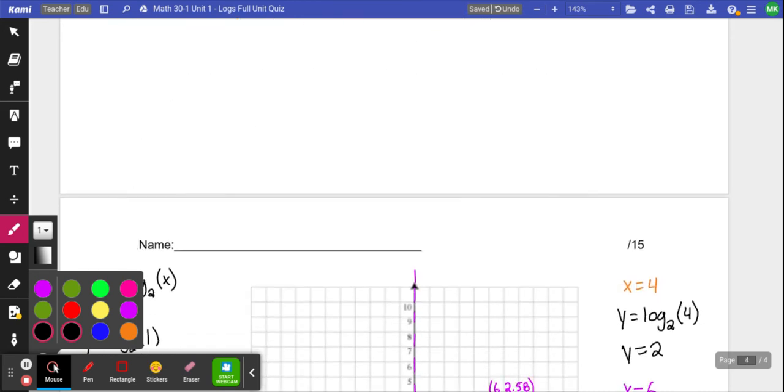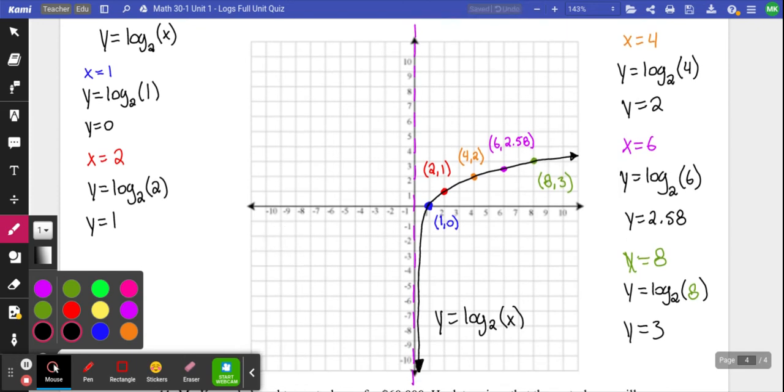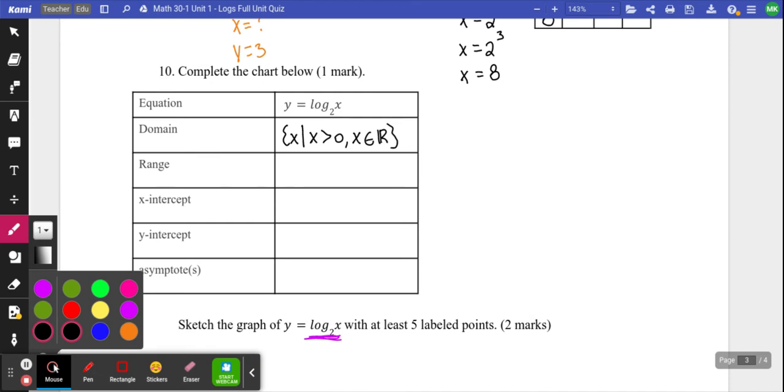If you look at our graph, that is exactly what's happening, right? It's to the right. I can't go further left than 0. So it's anything bigger than 0. It's to the right of 0. The range is how far up and down a graph can go. This graph technically goes forever up and forever down. So the range is just y is a real number.